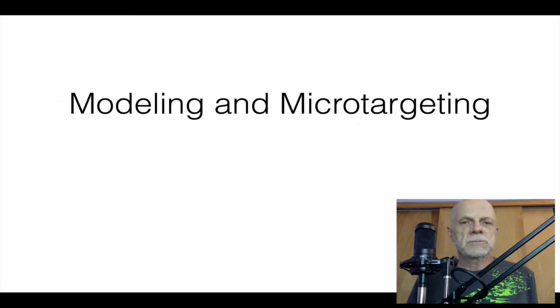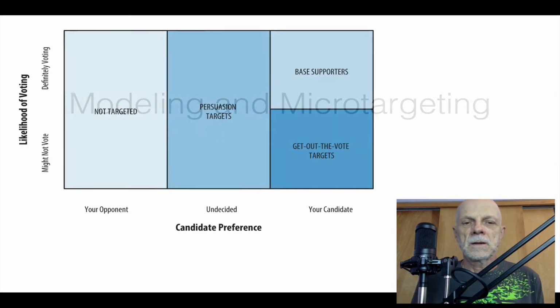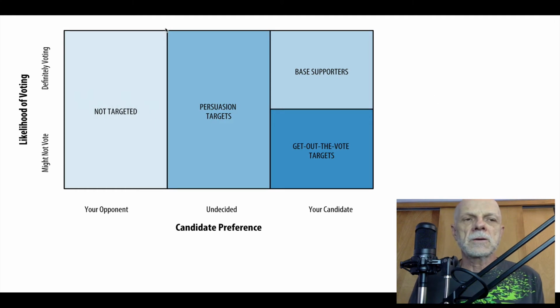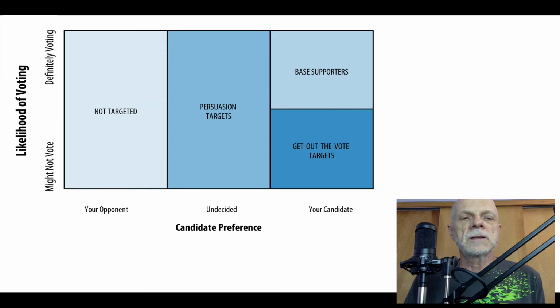One thing to look at is what's called modeling and micro-targeting. Instead of just doing a mass mailing for political purposes, you want to target specific types of people for a specific type of mailing. This is from that book, where you have the likelihood of voting on the left side, whether they're definitely going to vote or they're on the border.